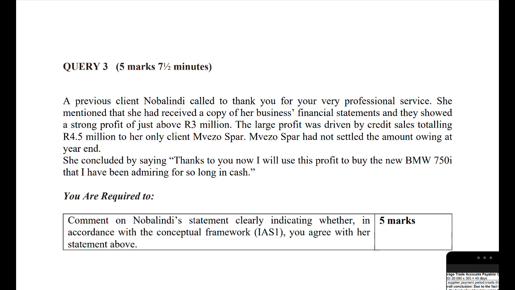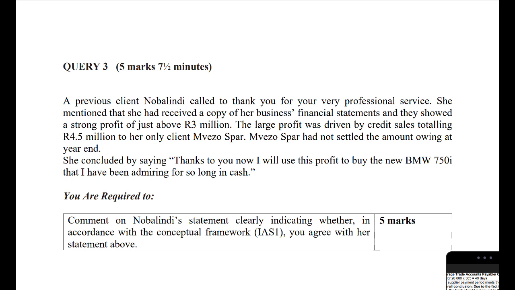What does that mean? It means it's a debtor, who bought 4.5 million of goods. If you had to record that transaction, it'll be debit trade receivables, credit sales. So there's no actual money coming into your business, but your sales are going up because you're crediting sales.